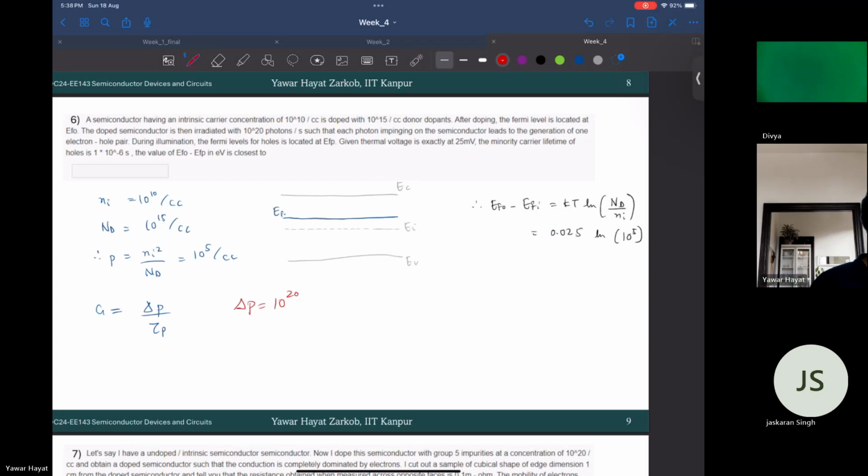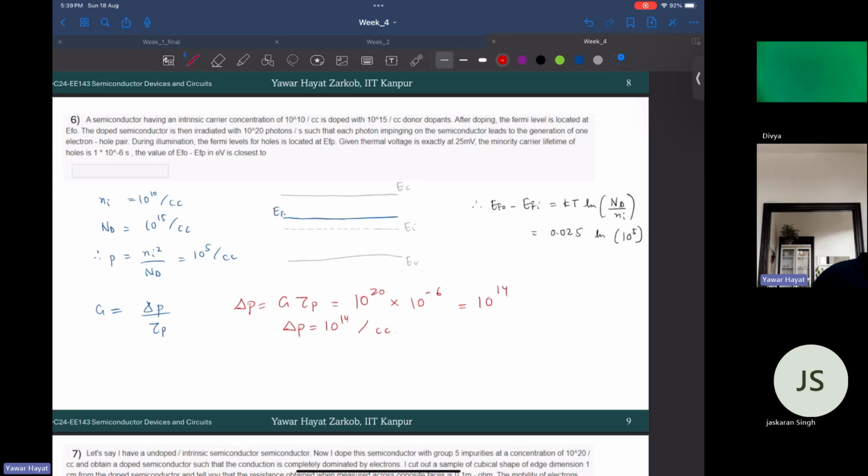This implies delta P is G tau P, and your G is 10 to the power 20 times your tau P, and tau P is 10 to the power minus 6. So this is 10 to the power 14. So what I got is delta P is 10 to the power 14 per centimeter cube.